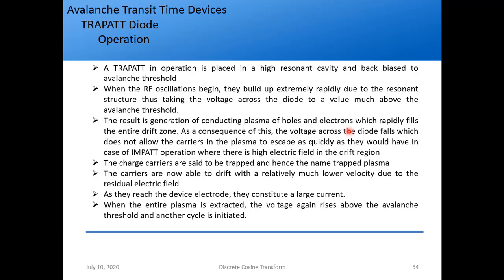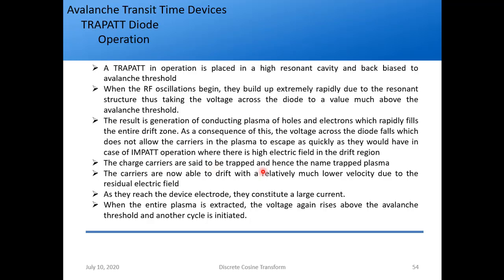Since the voltage is drastically decreasing in a very small amount of time, the carriers are not allowed to escape as quickly as they would have in the impact diode, because there was a high electric field in the impact diode. So the charge carriers are trapped in the plasma, and that's why the name trapped plasma for this diode.